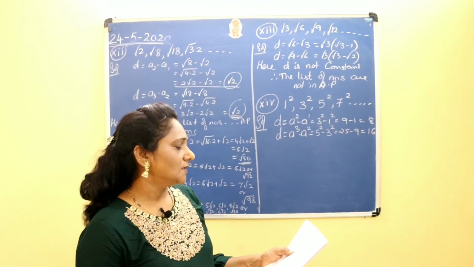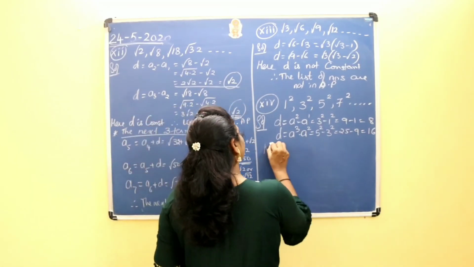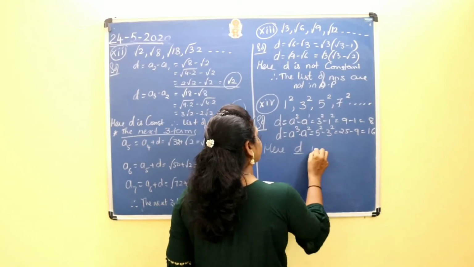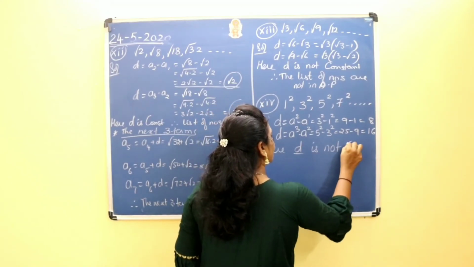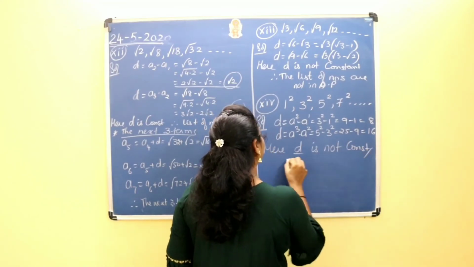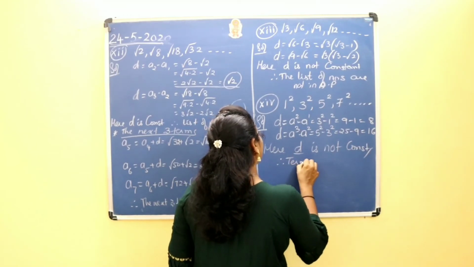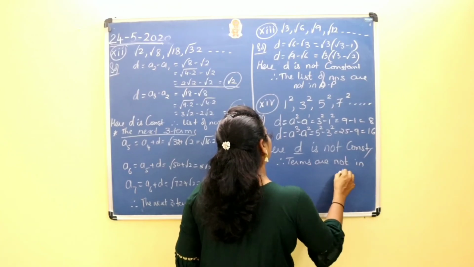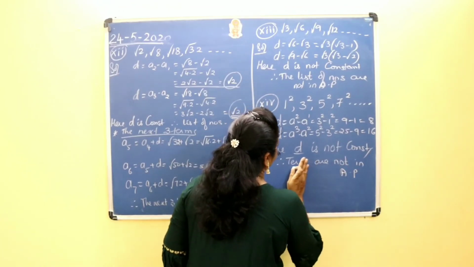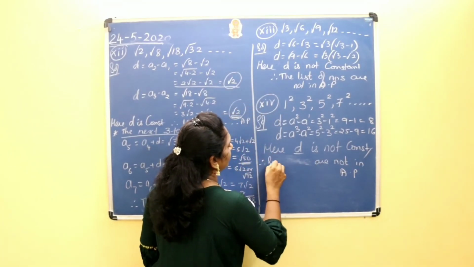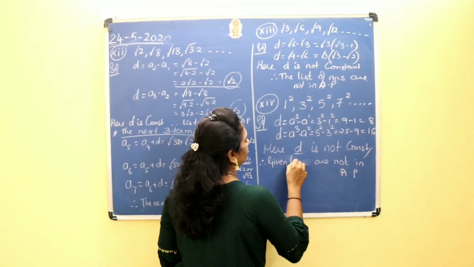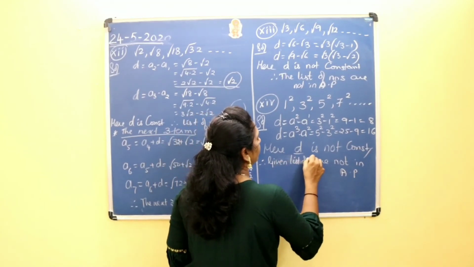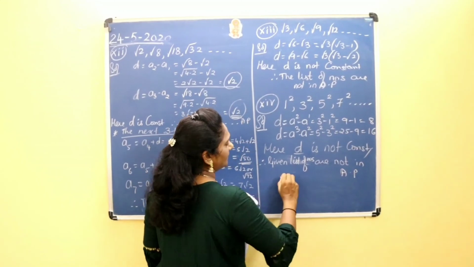So one is 8, the other is 16. Here D is not constant. Therefore, the given list of numbers are not in AP.